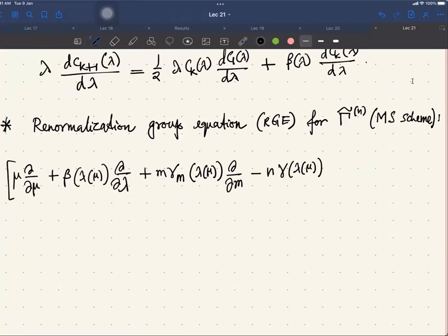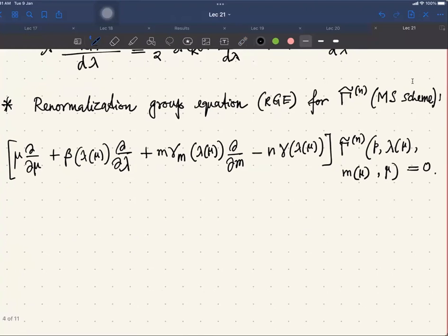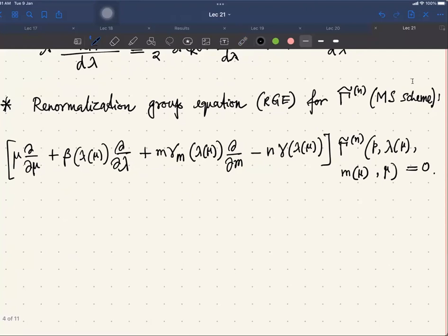This acting on gamma tilde n of p, lambda, m, mu equals 0. So this equation dictates how the n-point vertex should flow with respect to the scale, and we can solve this equation using the method of characteristics.